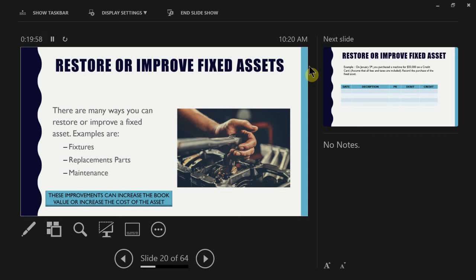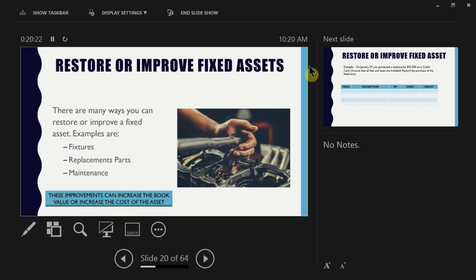Now, how do I capitalize on that expense? Okay, so there are ways that you can do this, because if we remember, the cost of the asset includes any type of installation, all right, any type of things, right? Those are going to be considered expenses that are going to go towards the actual asset itself.